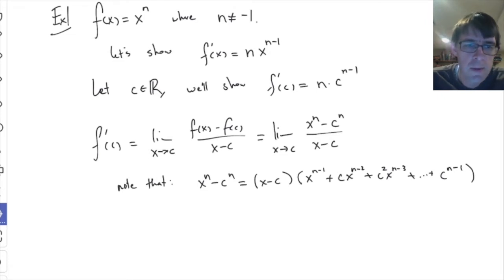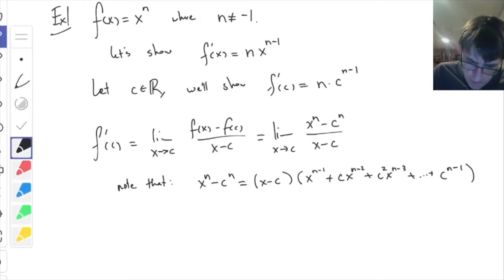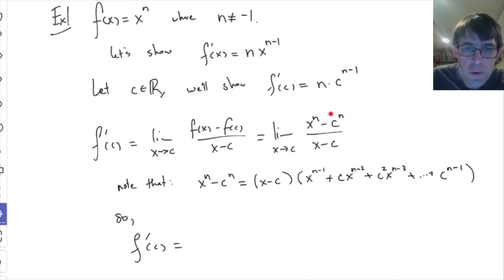All right. This is related to the binomial theorem. Anyway, what does that give me? What I had above, f prime of c, I'm going to replace the numerator by all of that. I'm not going to write it down, because then immediately this will cancel the x minus c. So if you plug this big thing into the numerator here, and then cancel the x minus c, all that remains is this.